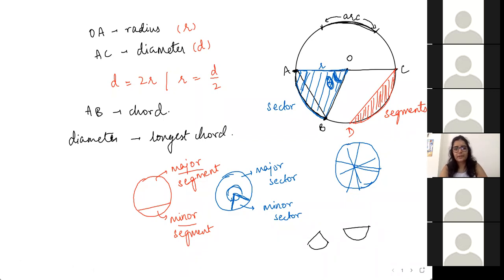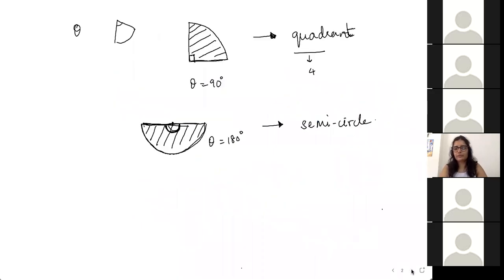Done. Okay, so now coming to the formulas. This is the bulk of the chapter. Let's say you have a circle whose radius is r. Let's draw a circle. This is the center O, the radius is r, and the diameter is d. What is the circumference of a circle?